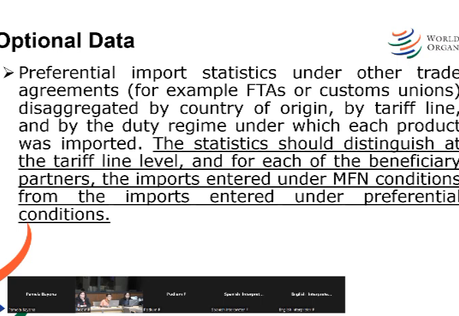The statistics should distinguish, at the tariff line level and for each of the beneficiary partners, the imports entered under MFN conditions from the imports entered under preferential conditions. So while this is optional data, this is very important and crucial for us to analyze preference utilization.